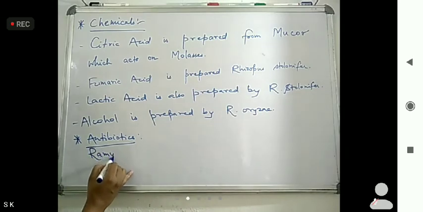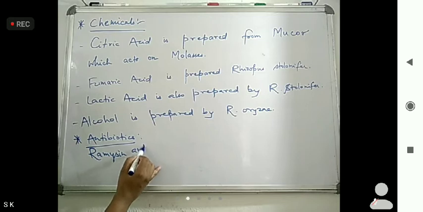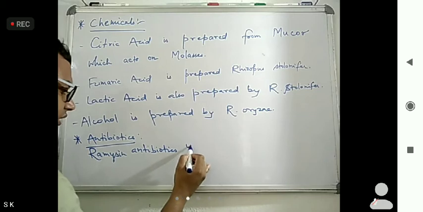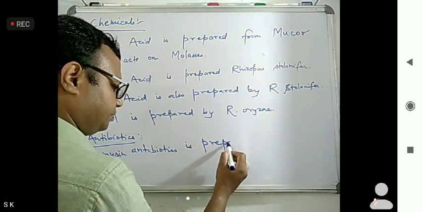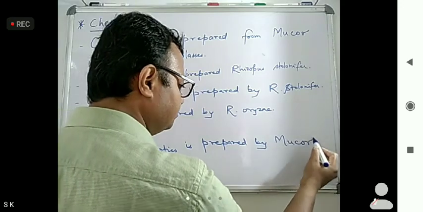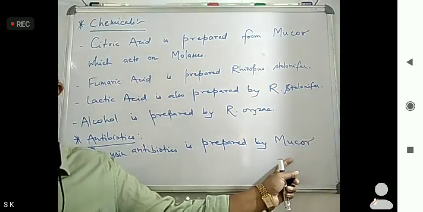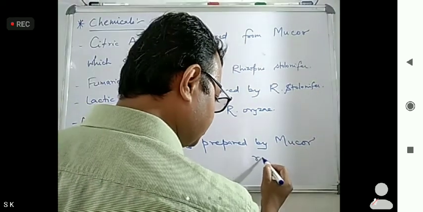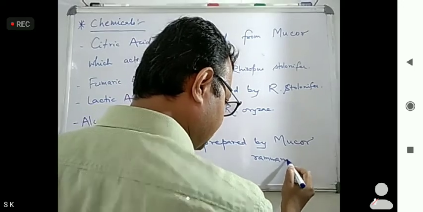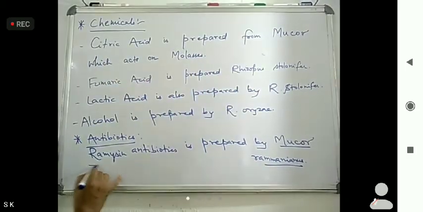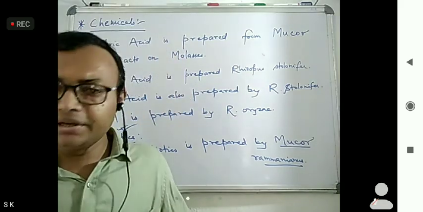What is that? Rhamycin antibiotic is prepared by what? Mucor. And the full name is Mucor rhamnosus. So this is the antibiotic rhamycin that is prepared by Mucor rhamnosus.